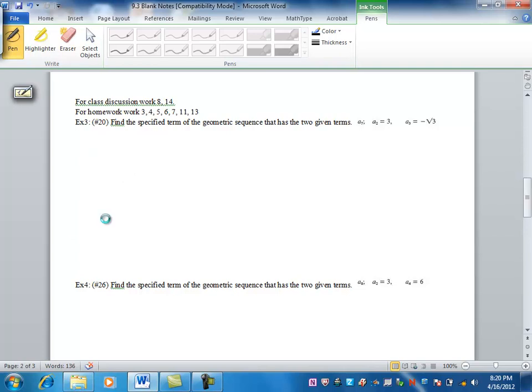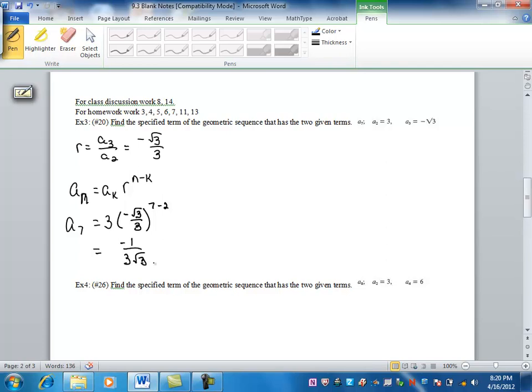So we've got 3 times a ratio of negative root 3 over 3, raised to the 7 minus 2 power, and I'll let you fill in the details, but we get negative 1 over 3 root 3.